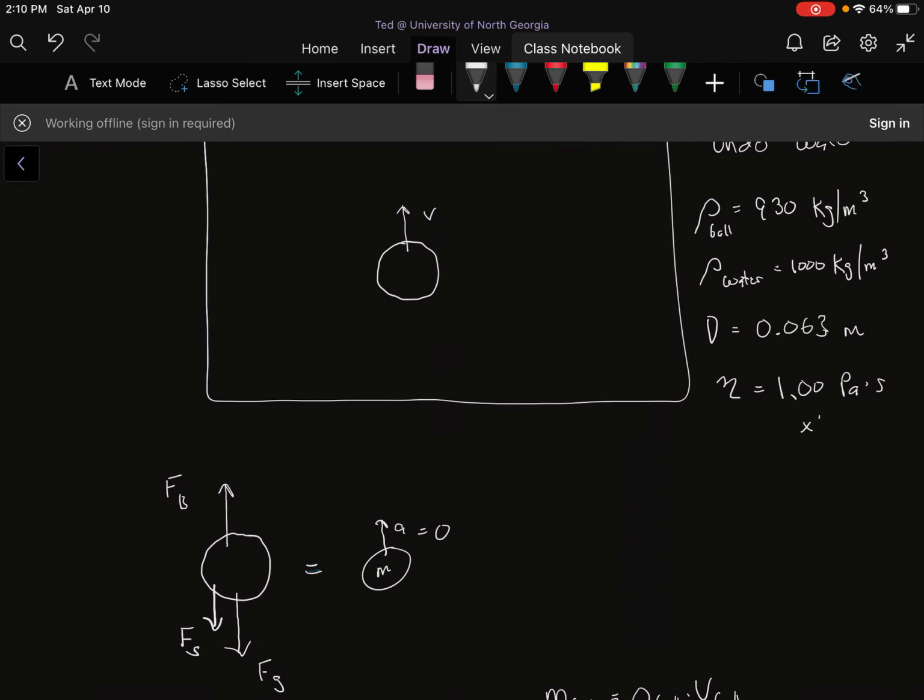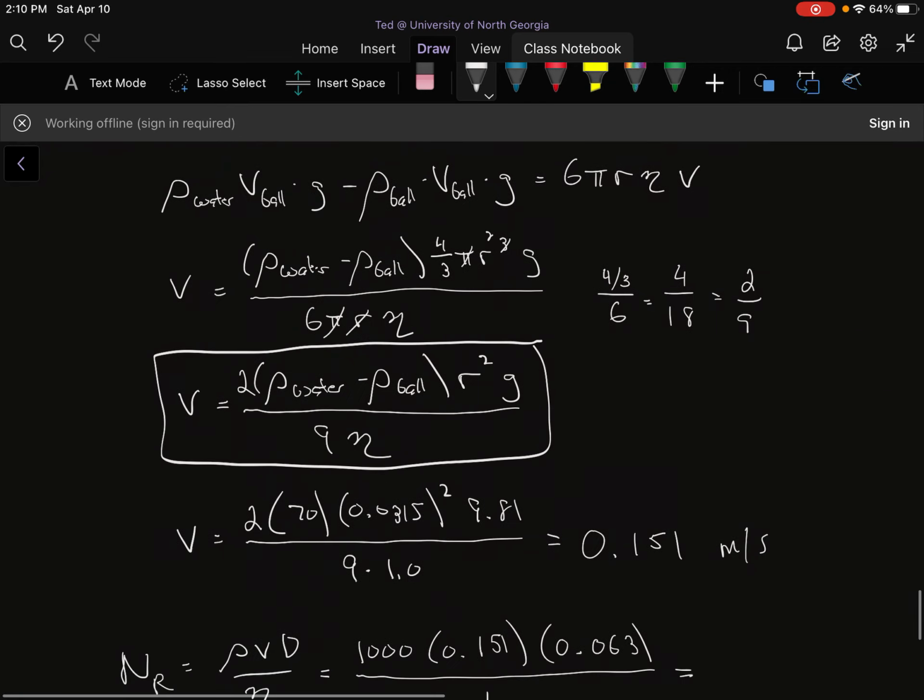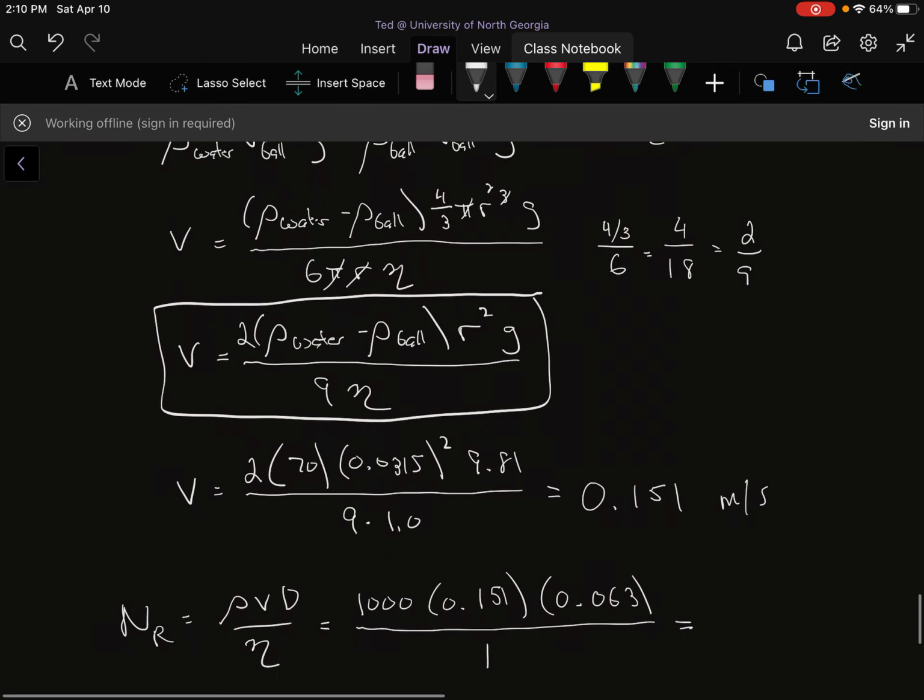Viscosity is 1 times 10 to the minus 3. Son of a motherless goat. I did everything wrong in this problem. That's going to give us a really interesting answer. That can't be right, though.